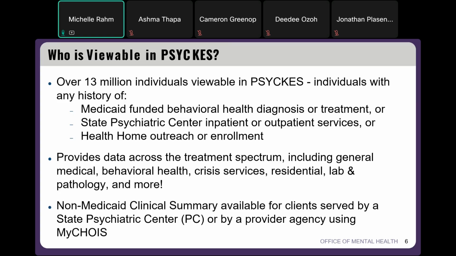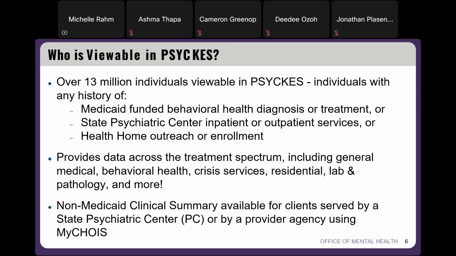So the information that's included in the non-Medicaid clinical summary would be data from state health administrative databases like state PC EMRs, data coming from NIMERS or CARES or TACT, or even safety plans entered in by providers.